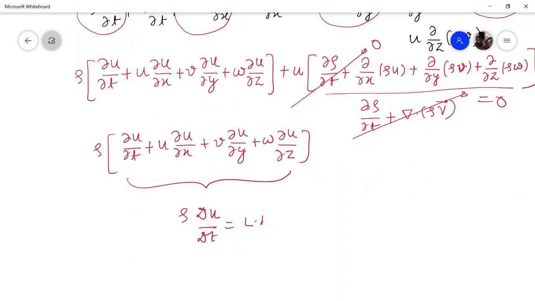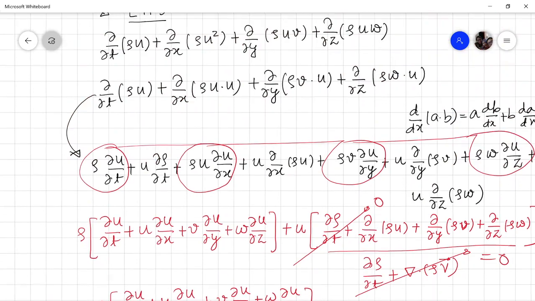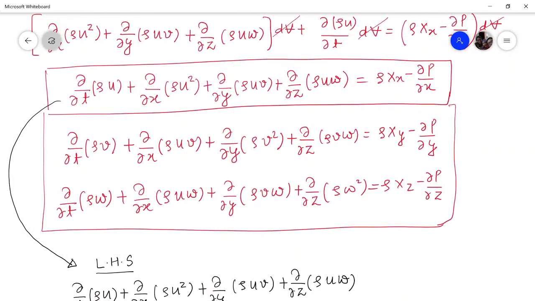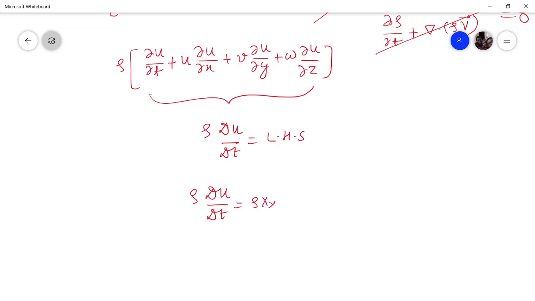So this is the left hand side, and when you combine it with the right hand side, that is ρ Du/Dt = ρ X_x − ∂p/∂x. This is the equation which you developed last time.